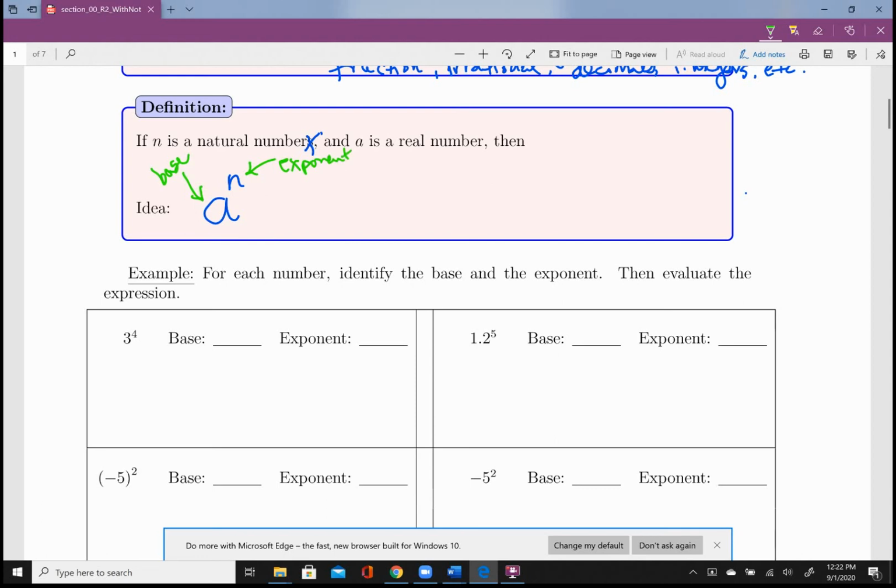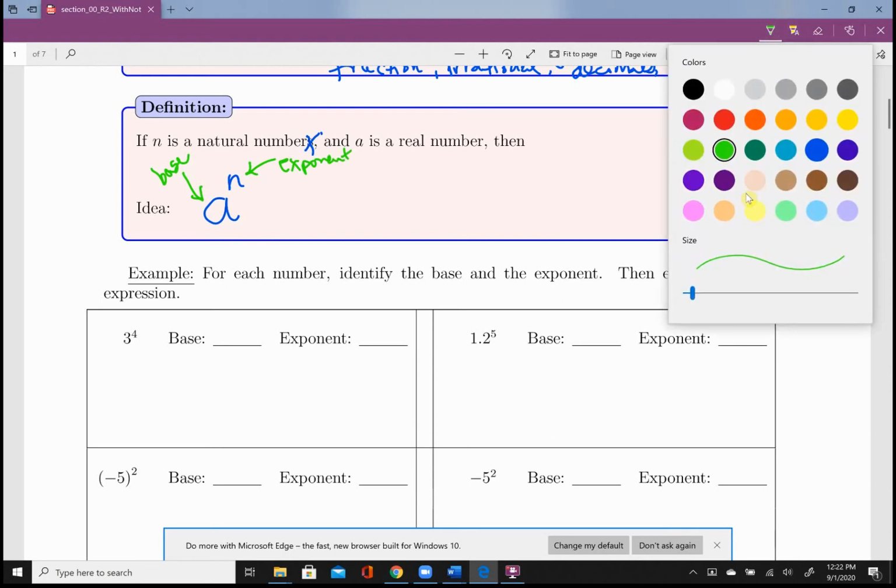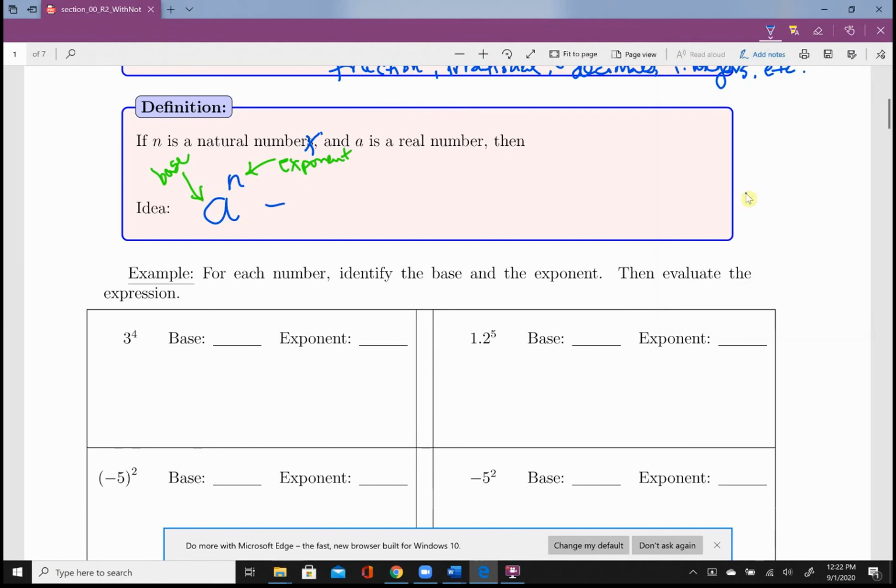And the idea is that using exponential notation, we can have this expanded as a times a times dot dot dot. We're not sure how many times we can have this repeated factor of a, right? It's going to be repeated n times.